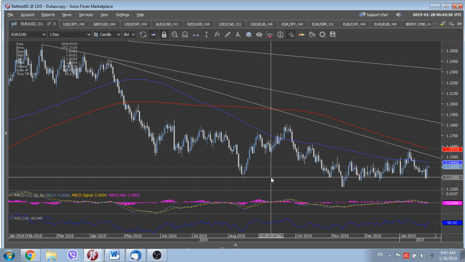From that point of view, the downside potential of the euro dollar is looking quite limited for now.